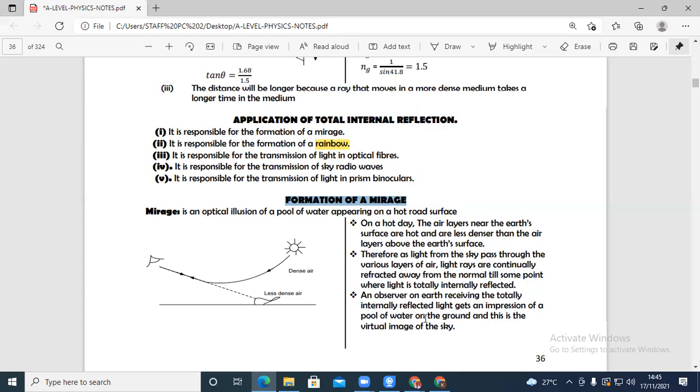If this ray of light falls in the eyes of the observer, they will see an image of the sky, but it will appear as if it is an impression of a pool of water on the ground. But in reality, it is a virtual image of the sky.